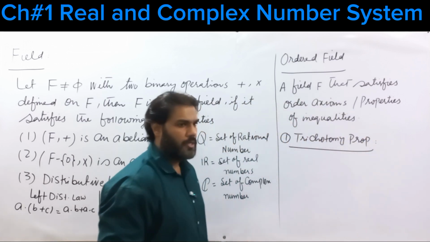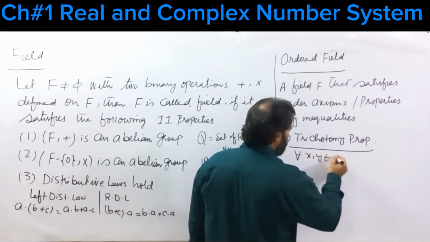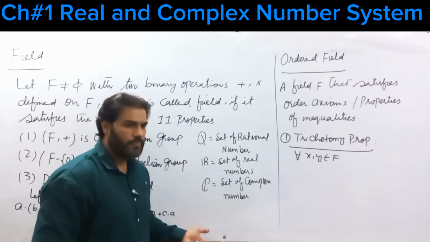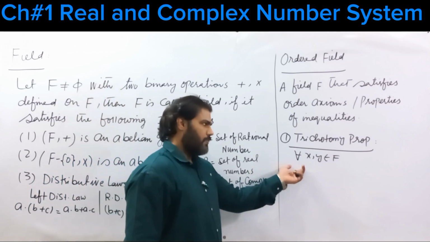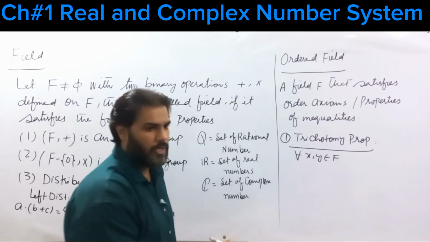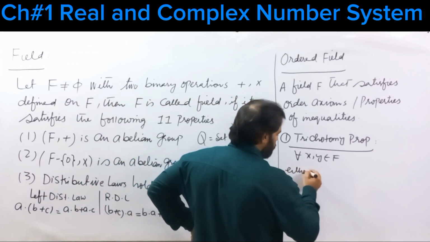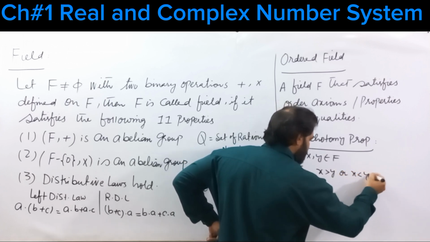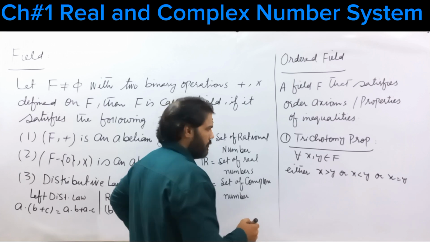In the trichotomy property, we say that for all x, y belonging to F, where F is any field, it may be Q or C, or it may be other than these three, exactly one of the following properties is satisfied: either x is greater than y, or x is less than y, or x is equal to y. This is the trichotomy property.